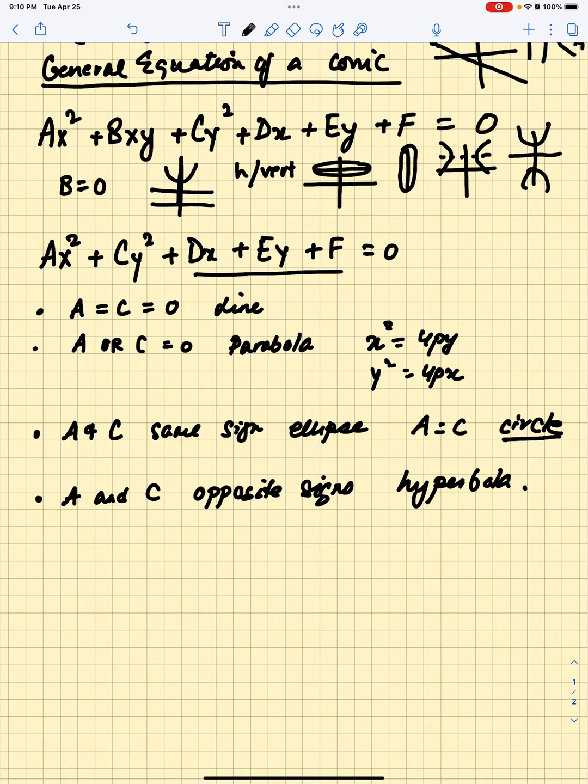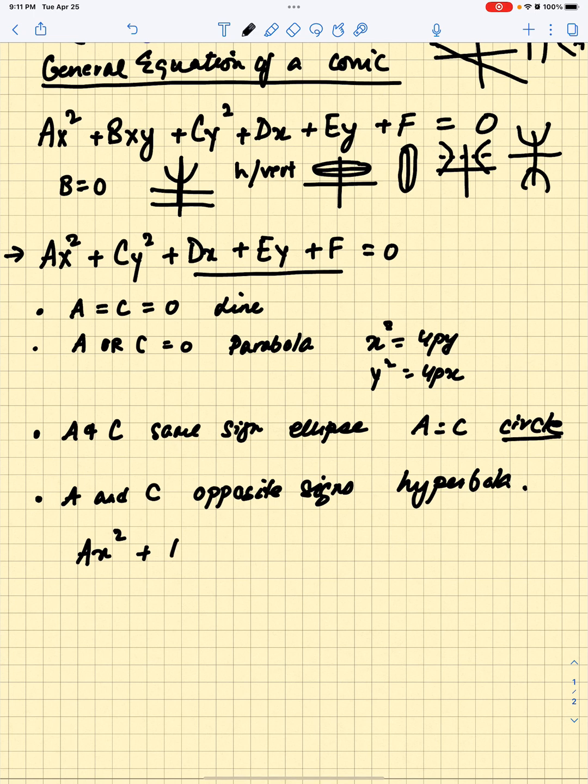Now the general equation of the conic, even in this case, ax squared plus cy squared plus dx plus ey plus f is equal to 0, gives the equation of a conic. Sorry, let me rephrase.